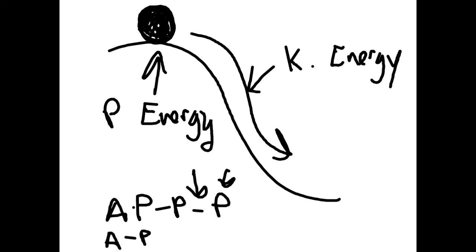So it goes from ATP to ADP, adenosine diphosphate. Tri 3, di 2. Okay? So if you go from tri to di, that means you've powered something. You've transferred energy to something else to allow it to do work.